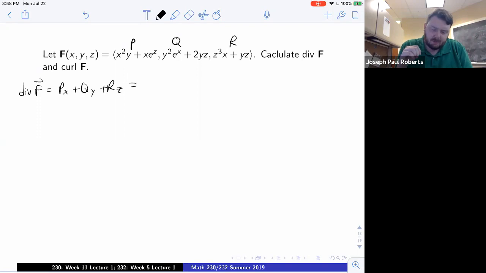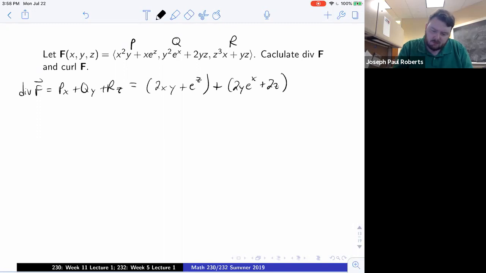And yeah, so the X partial of P is 2XY plus e to the Z. The Y partial of Q is 2Y e to the X plus 2Z.